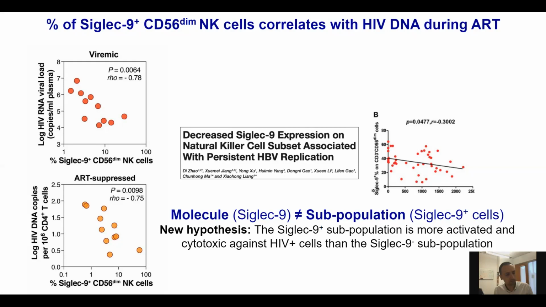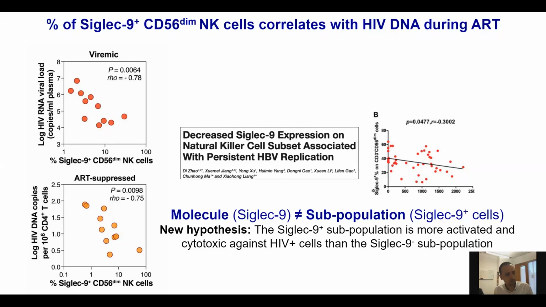But that doesn't necessarily mean that the NK subpopulation that expresses this inhibitory receptor is inhibited and less cytotoxic. Because the cytotoxicity of NK cells is a balance between the expression of several NK activating receptors and markers and several NK inhibitory receptors and markers.